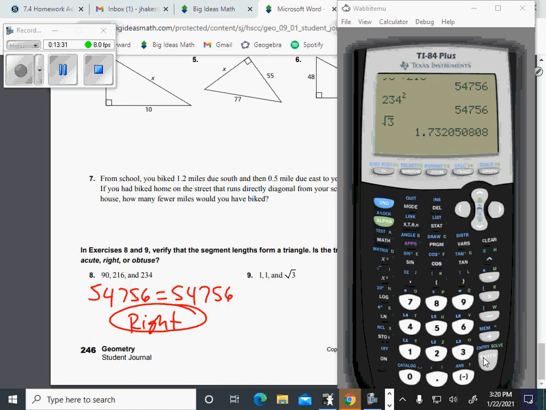But let's do this quickly. 1 squared plus 1 squared is going to be equal to 2, right? And is 2 greater than 1.73? Yes, it is. So when that number is greater than 1.73, it is acute. So this is acute.